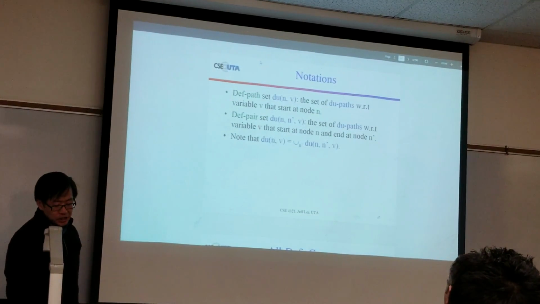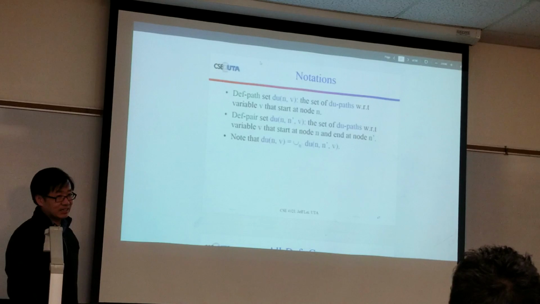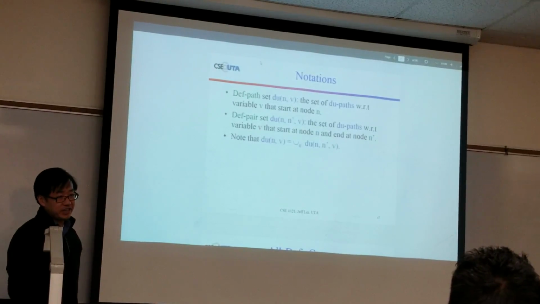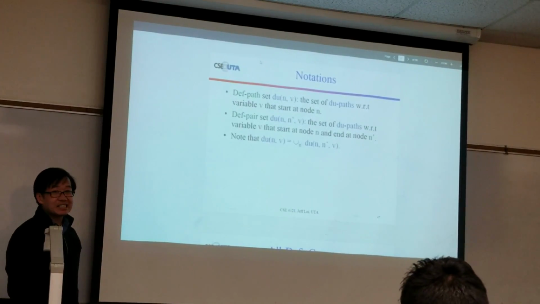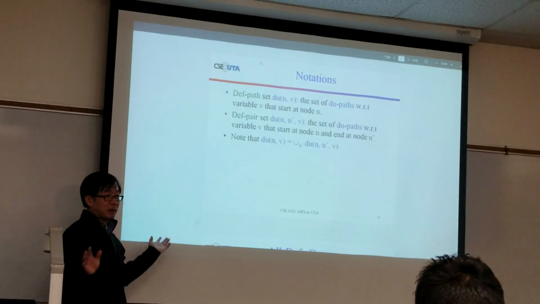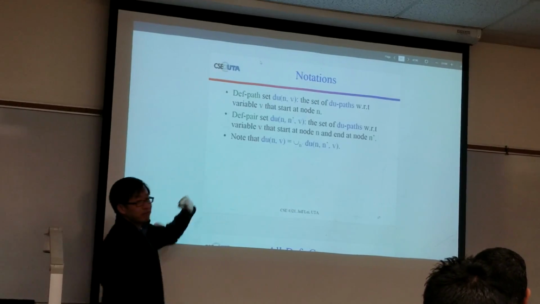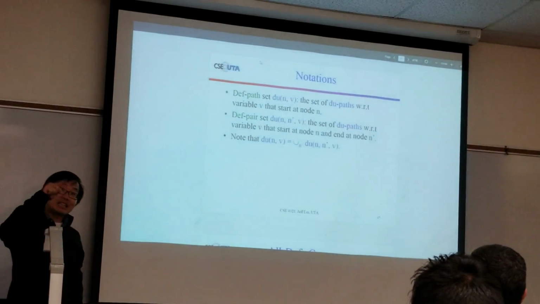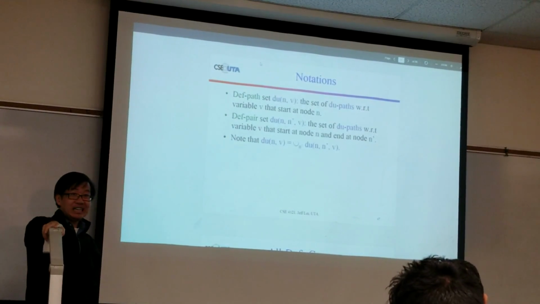This notation includes all the du paths that begin at node n for a given variable v. So you only specify the starting node of the du paths with respect to a given variable. For the du pair, you specify not only the starting node but also the ending node.